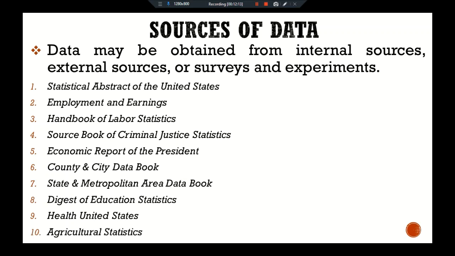These are our main data sources that are specifically related to the United States.